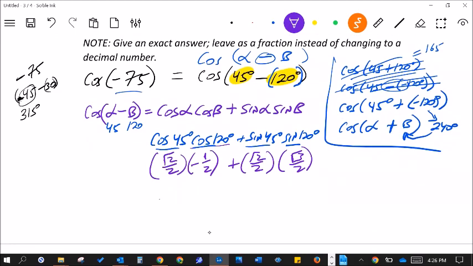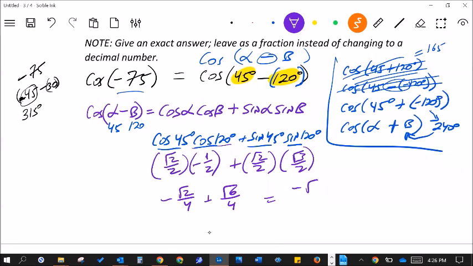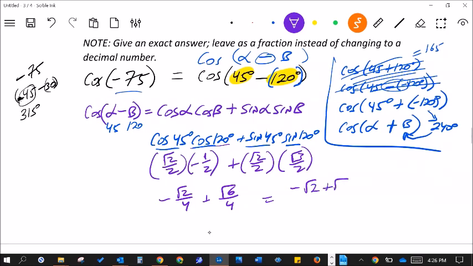So I have a negative for this one, negative square root of 2 over 4 plus square root of 6 over 4. And because the 4's are the same, we can do negative square root of 2 plus square root of 6 over 4. We cannot put the negative in front unless we were to do square root of 2 minus square root of 6 over 4.